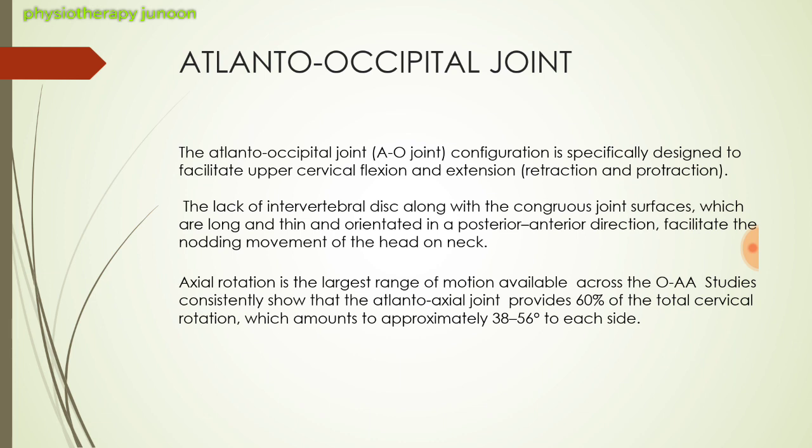Axial rotation is the largest range of motion across the OAA. Studies consistently show that the atlantoaxial joint provides 60% of the total cervical rotation, which amounts to approximately 30 to 56 degrees to each side.